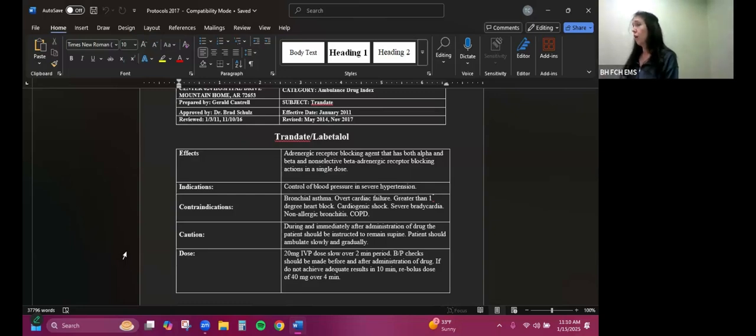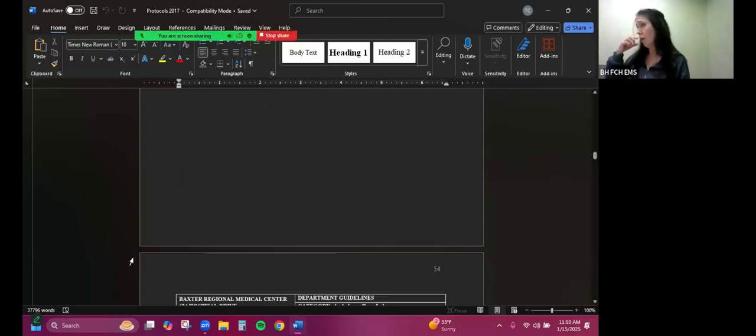So I'm not sure, without reading all the rest of the protocols, if this is going to be one that we can give. And it doesn't show the range of what the blood pressure needs to be. So I'm sure that's with all the other stuff in the protocol book that we'll have to look up to make sure we're pushing that right. I think it used to be 220 over 120.